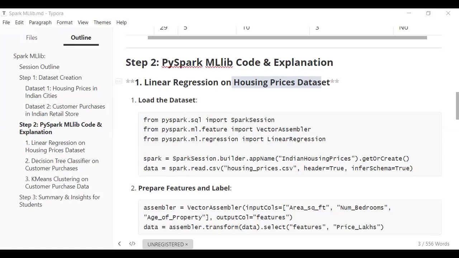Second, here are the real-world scenarios where these algorithms are mostly used: predicting property prices across cities; identifying loyal customers for a marketing campaign, maybe in retail business; or segmenting customers into groups for different marketing strategies.